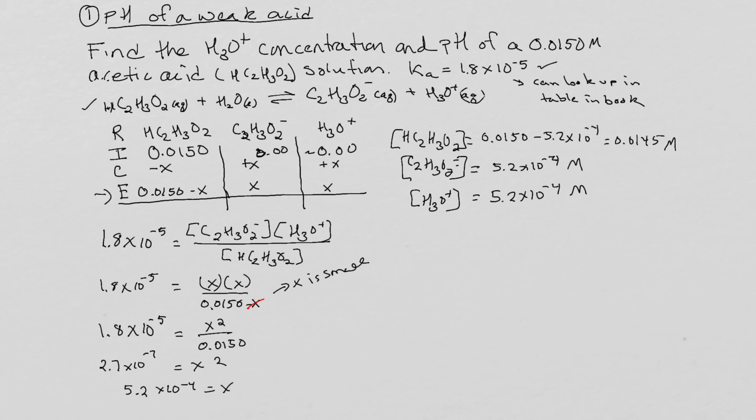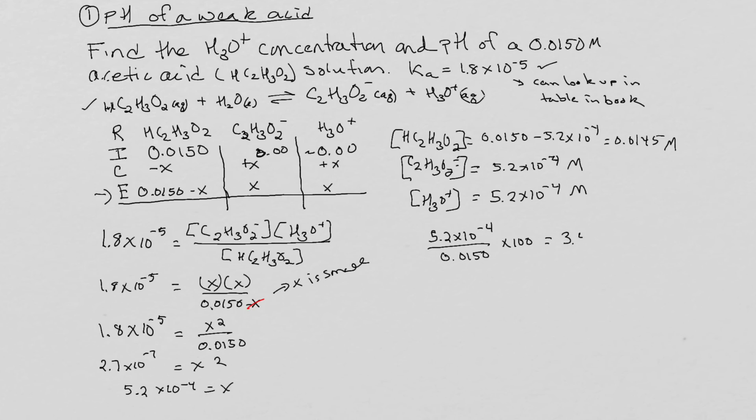Now, we want to check to see if the approximation was okay. So we're going to, again, look to see if our x value, 5.2 times 10 to the negative 4 divided by our initial concentration, 0.0150 times 100, is going to be less than 5%.